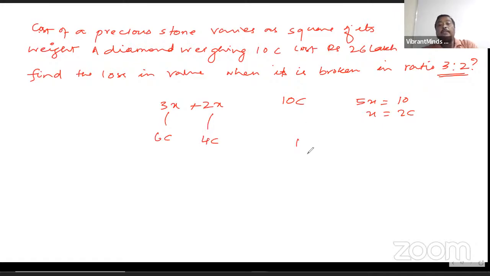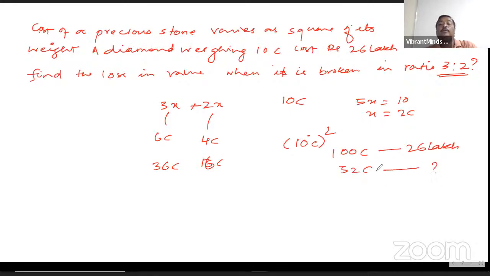So 10 carat means 10 carat square, 100. Cost is 26 lakh. So 6 square is 36, and here it is 16. 36 plus 16 is how much? So it is 52.